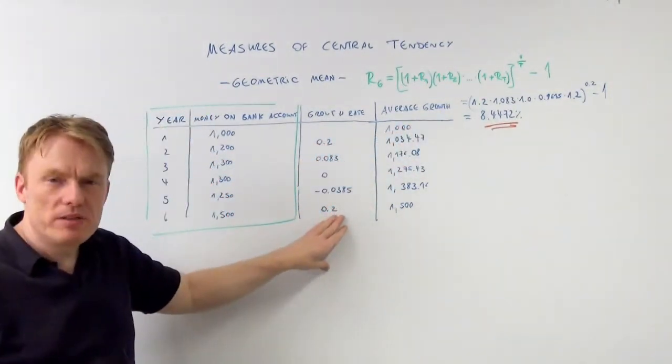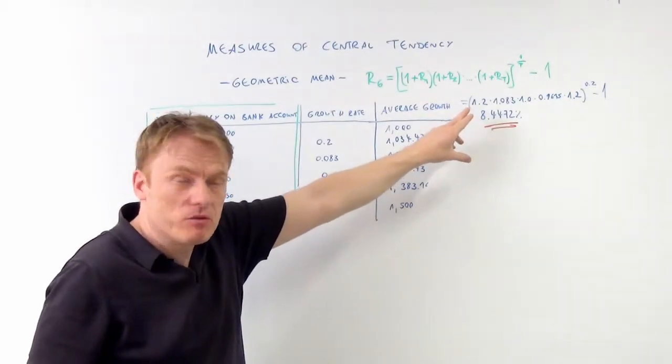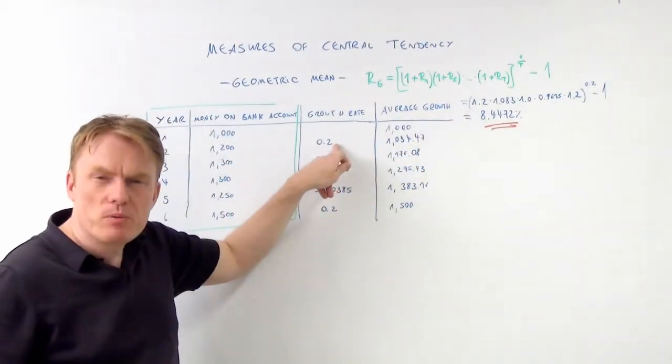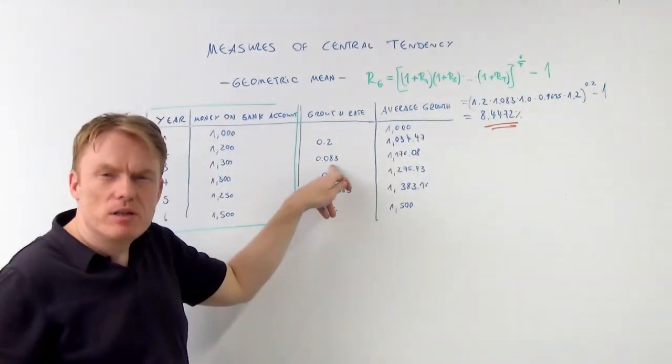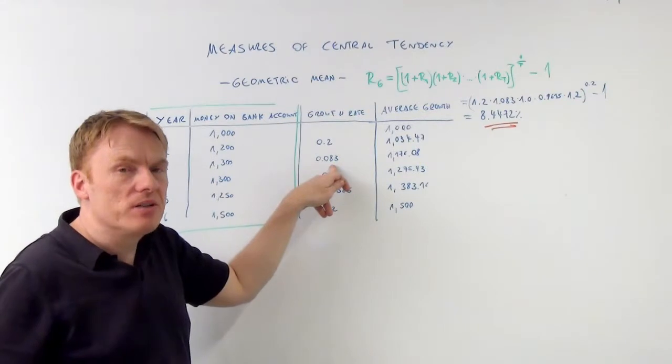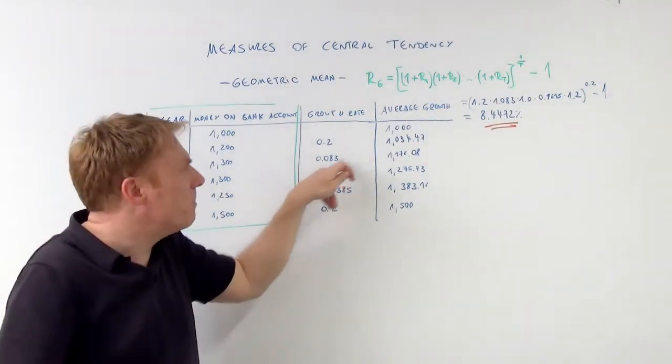So, first we calculated the growth rates. Second, we need to calculate the geometric mean. For a growth rate of 20%, it's 1.2. For a growth rate of 8.3%, it's 1 plus 0.0833.